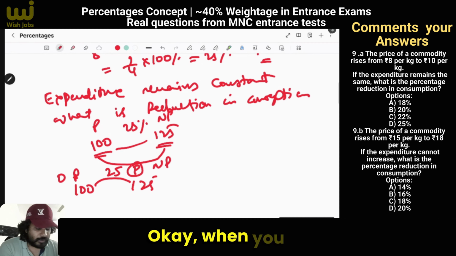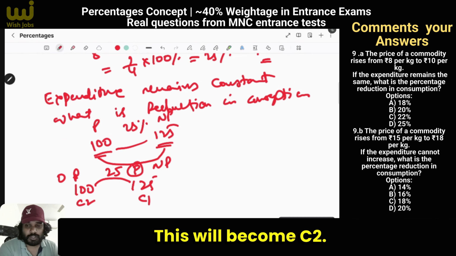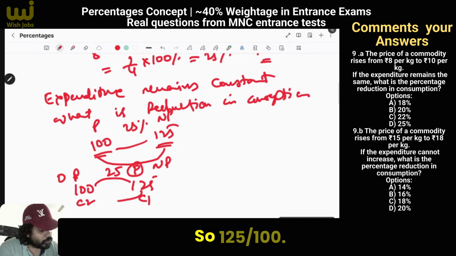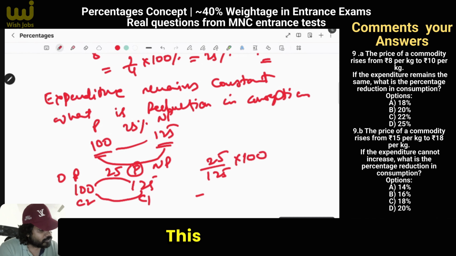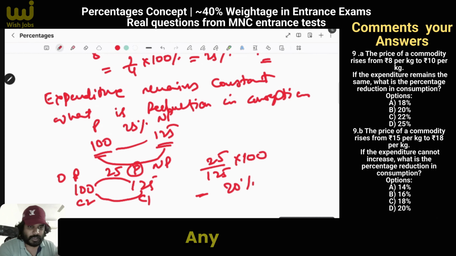When you think about consumption, it is the inverse, right? This becomes consumption, this will become C2. So 125 minus 100, that is 25 by 125 into 100. This also will give 20 percentage. Either you can do it in this method or the previous method. Any method, the answer you will be getting is the same.